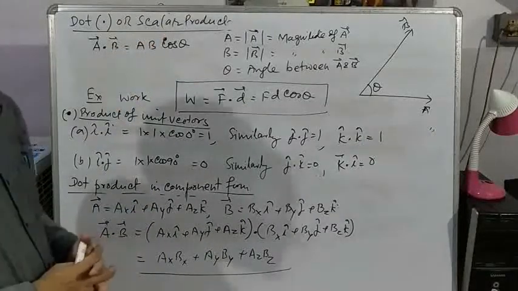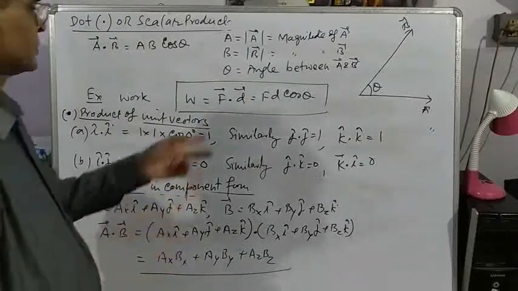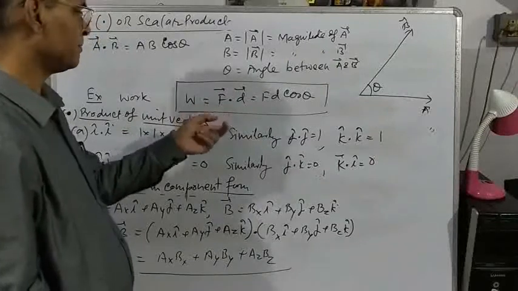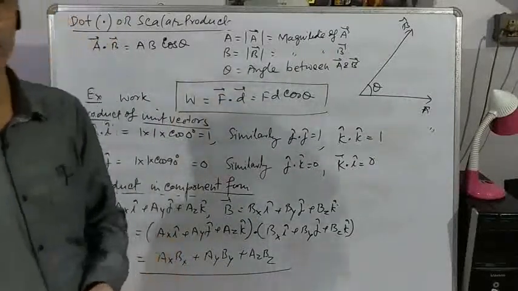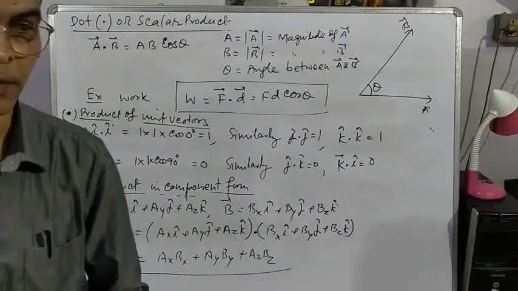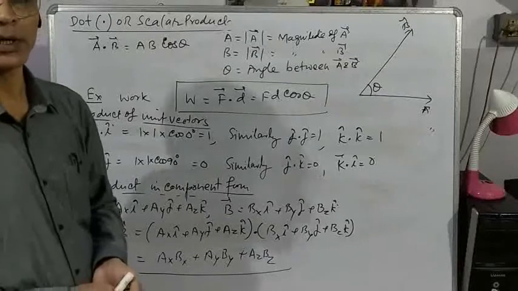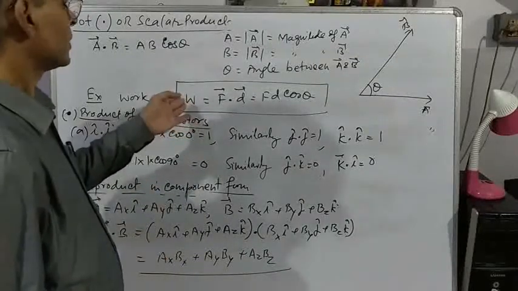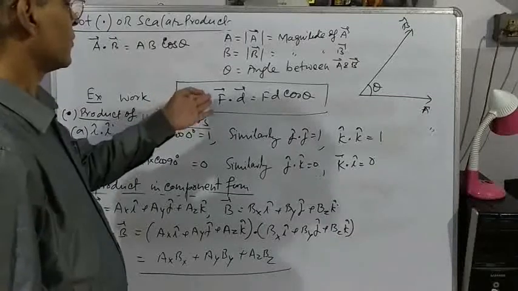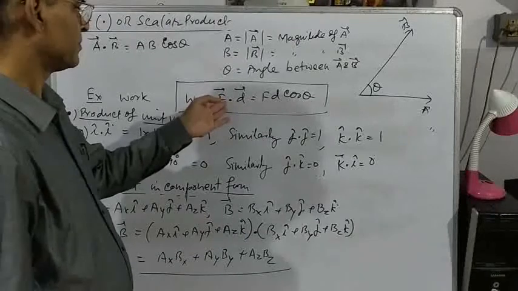Now let us understand one example. You know that force is a vector quantity, displacement is a vector quantity, but when force and displacement are multiplied, we get work, which is a scalar quantity. Obviously, to get work, force and displacement must be multiplied by the dot method.